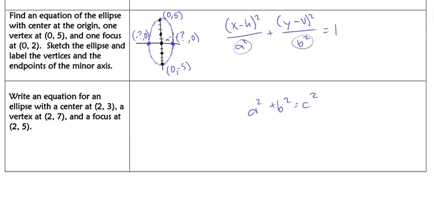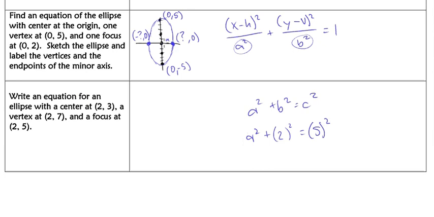Our shorter one there, whatever a is, that's our question mark, we'll just leave it as a squared, plus b squared. So the distance from the center to the focus is 2, we're given that. So 2 squared equals the distance from the center to the vertices on the major axis. That's going to be a distance of 5. So we've got 5 squared here.